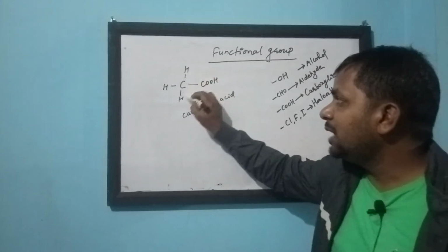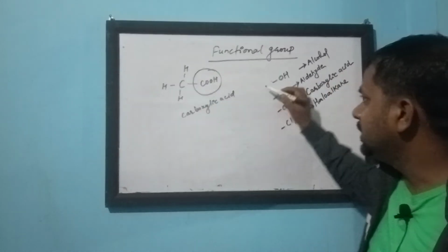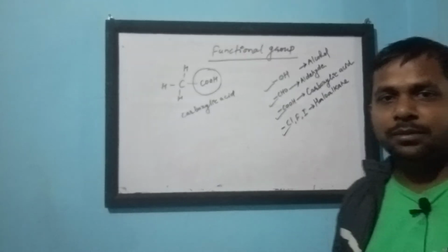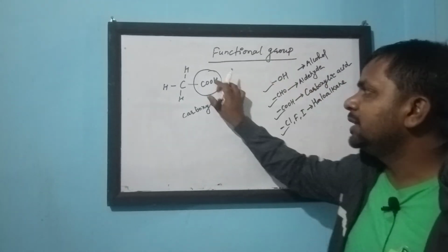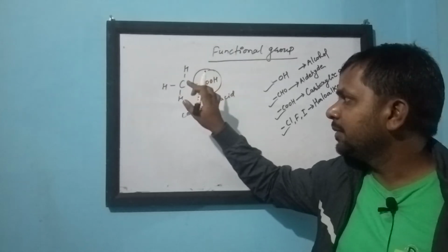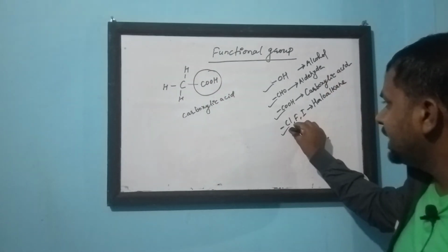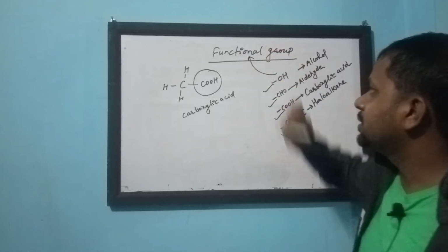The alkyl group is not determining it, but this group, OH, CHO, COOH, Cl, F, determines the nature of the compound when attached to the alkyl group. Then this atom or group of atoms is called a functional group.